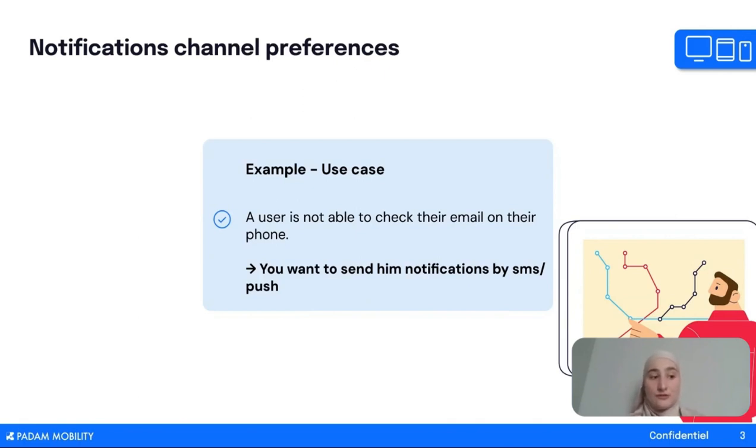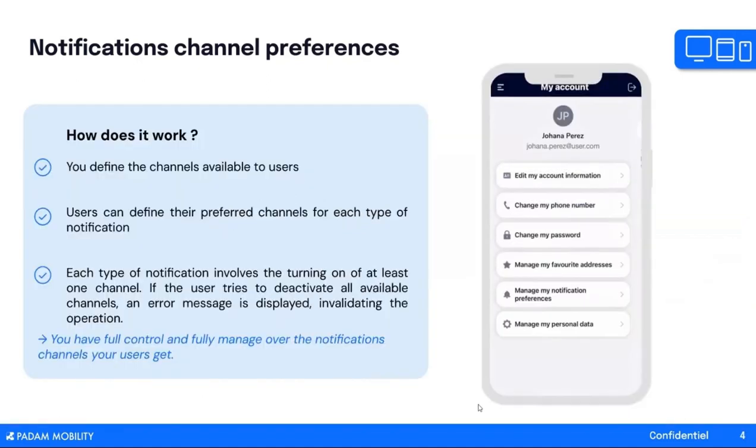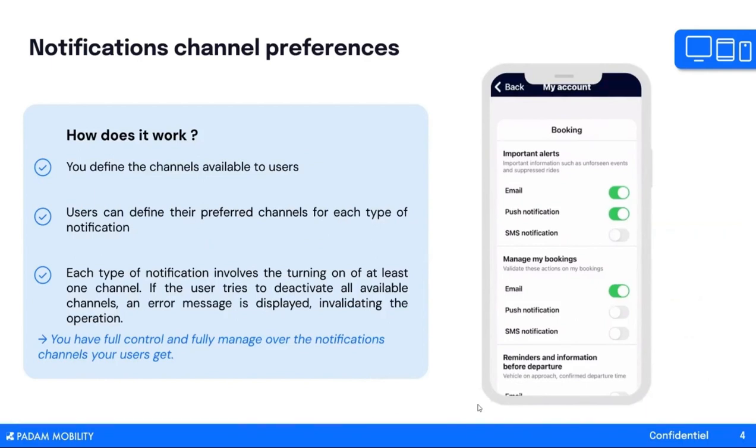This is an issue for notifications like the booking reminder or warnings of potential delays, which aim to inform the user about their trip, with the pickup location, drop-off location, etc., and a potential delay. In this case, you'd like to give them updates by push or SMS. So you want to send them notifications by push, SMS, or both. Now it's totally possible with this feature.